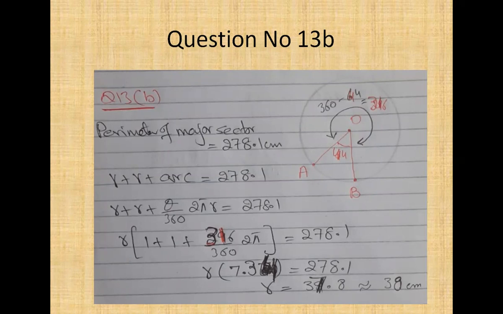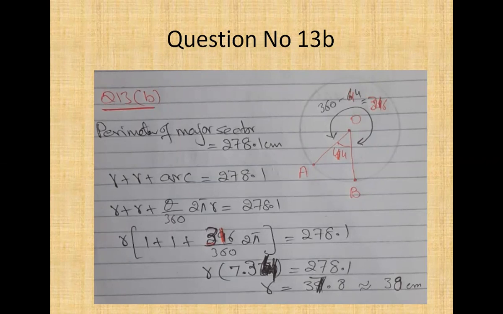We know the formula is radius plus arc is equal to 278.1 centimeter. So you will have radius plus theta by 360 times 2 pi r equals 278.1. We take r common.